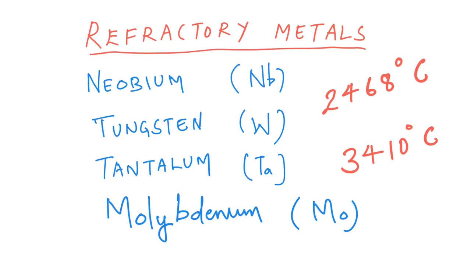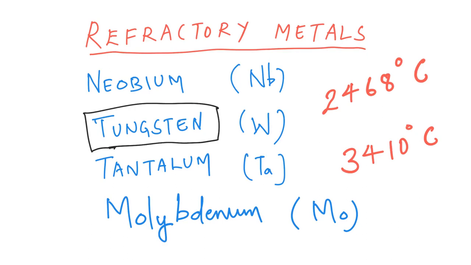Niobium's melting point is around 2468 degrees Celsius, while tungsten has a melting point of 3410 degrees Celsius. Tungsten has the highest melting point among metals.